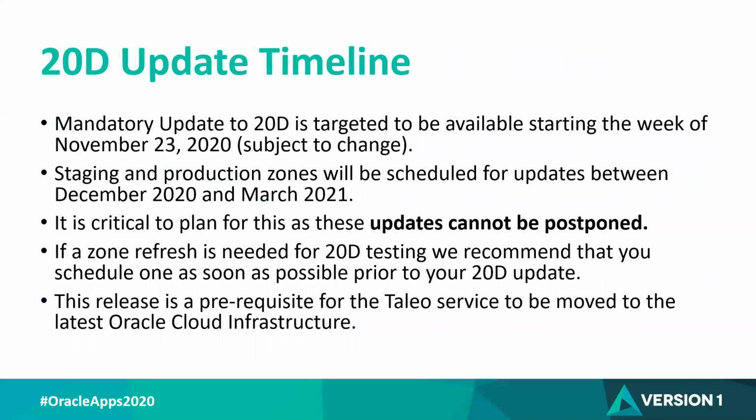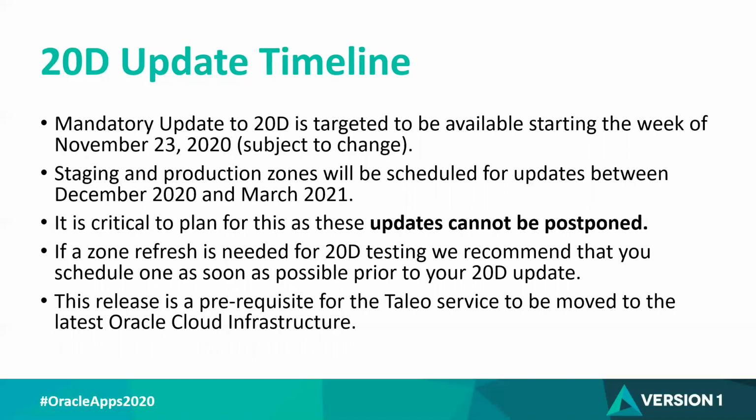What is the timeline for this update? As you all know, this auto update model will be effective from 20D. From the week of November 23rd, Oracle is planning a mandatory update to 20D, which means that the staging and the production zone need to be updated between December and March 2021.